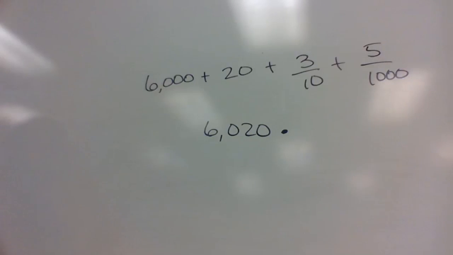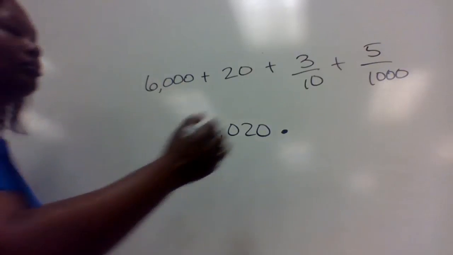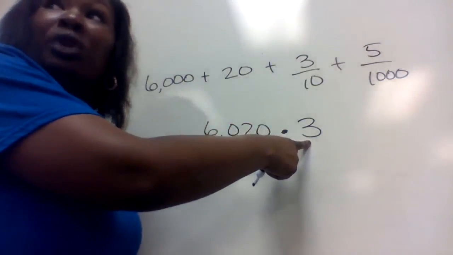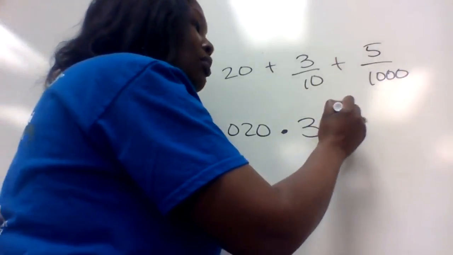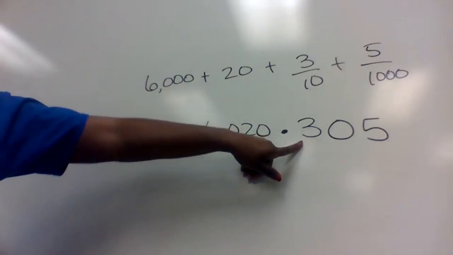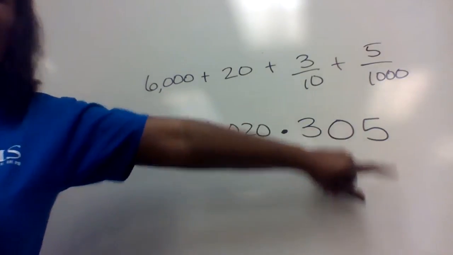Decimal point, 3. And then 0, 5. There's already a 3 here, so I put my 0 here and my 5 there. So 3/10, no hundredths, 5/1,000.